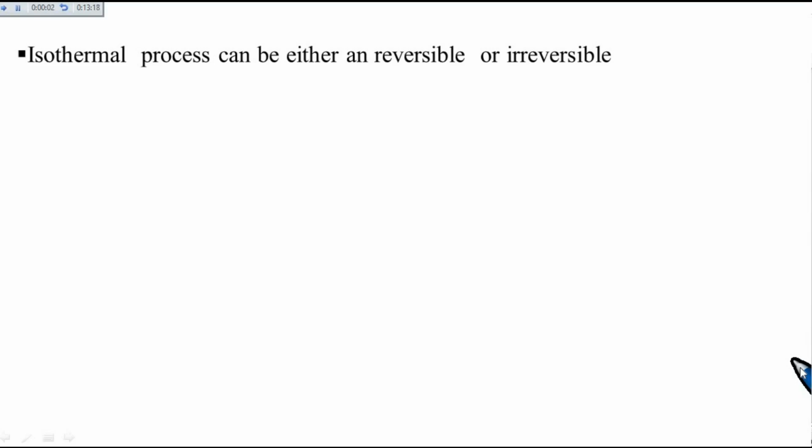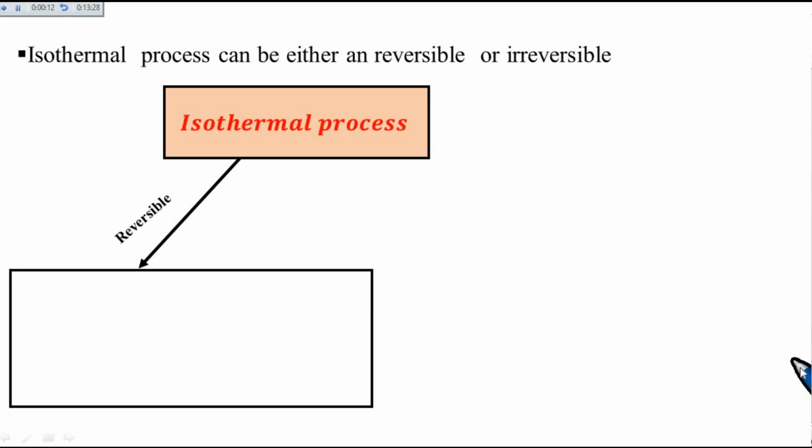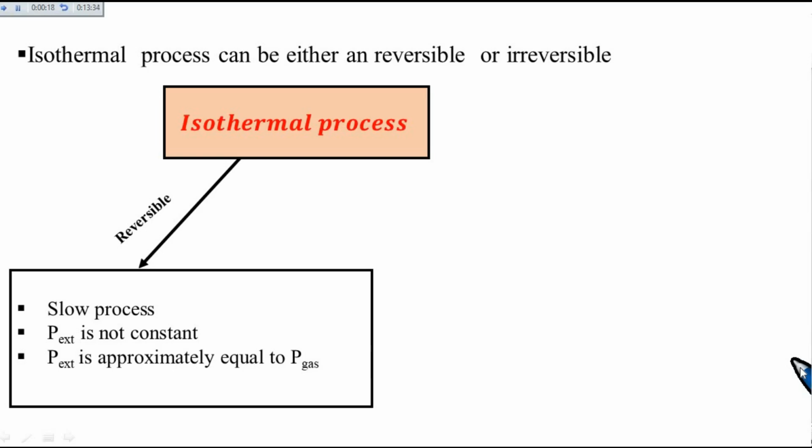Apart from this, an isothermal process can be either reversible or irreversible. The isothermal process can be reversible, a process which is going slowly. This is the slow process. Remember, we have seen the difference between reversible and irreversible processes. The external pressure is approximately equal to the pressure of the gas.